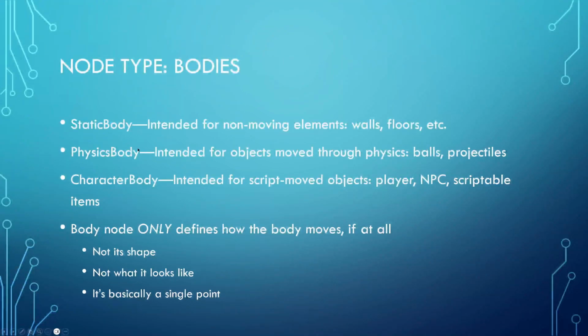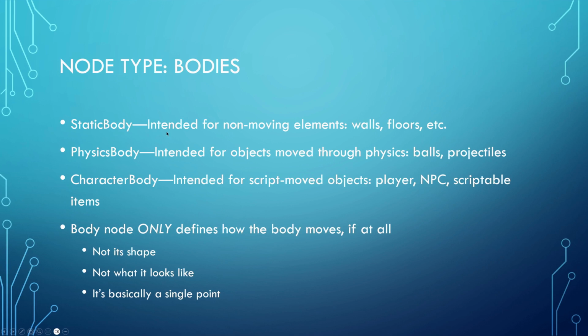Now, we typically don't use physics bodies for input-controlled characters. Instead, we have what's called the character body. Other engines might call this the kinematic body, and in fact, earlier versions of Godot used kinematic body. But basically, this is intended for script-moved objects, like the player, non-player characters, scriptable items, and other things like that.